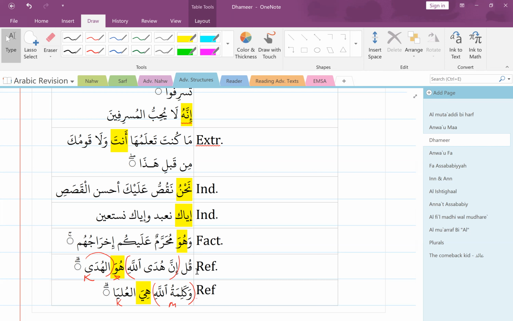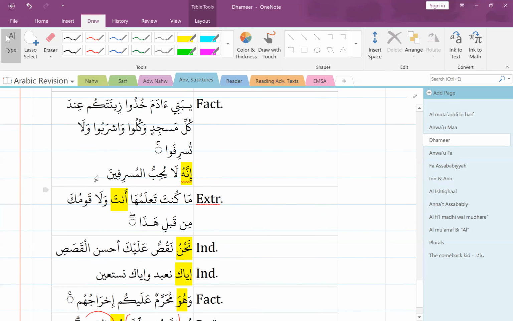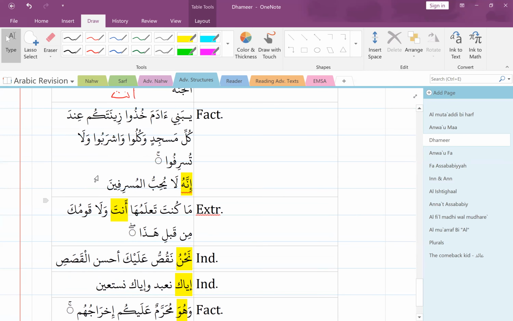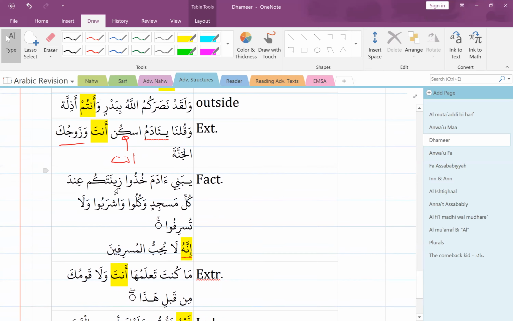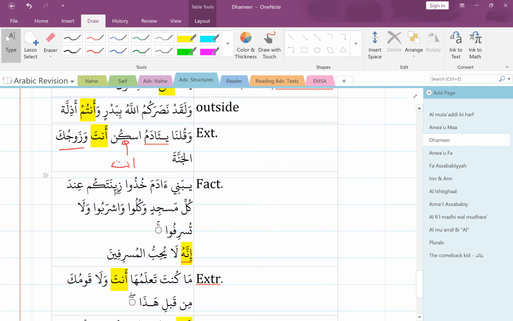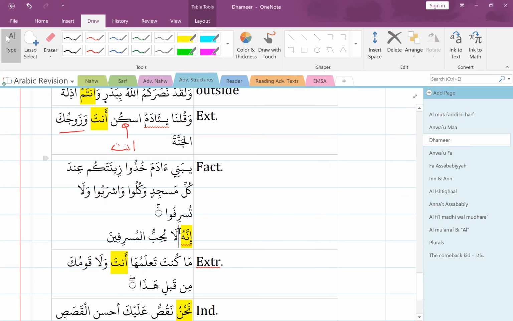Okay, so we have maybe 5 minutes, not really a lot of time. I thought we could check some of this. I'm going to confirm this one, innahu la yuhibbul musrifin, if it is actually fact of the matter. And which other one?